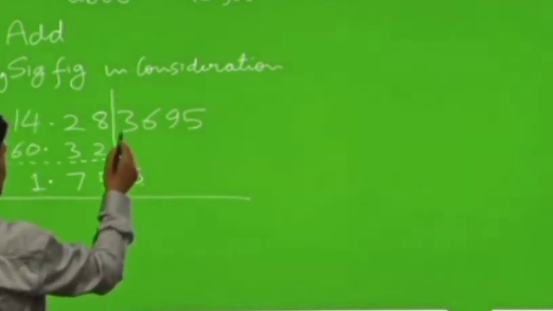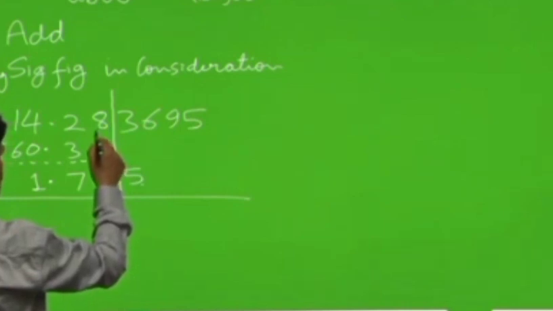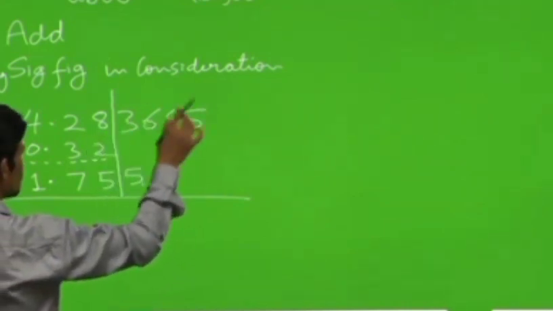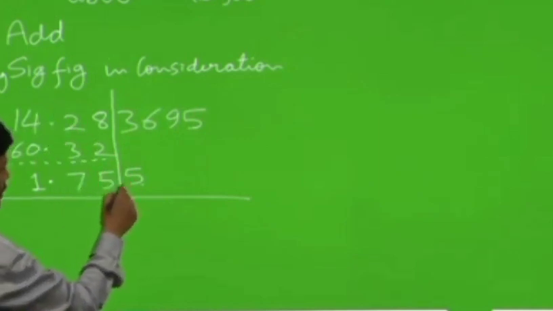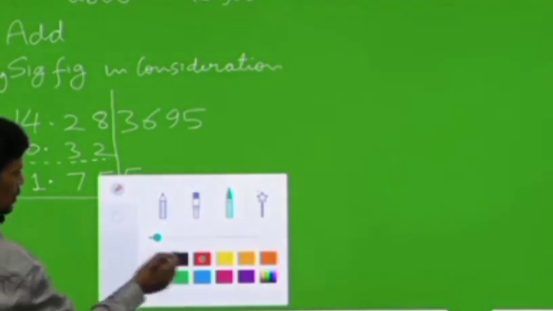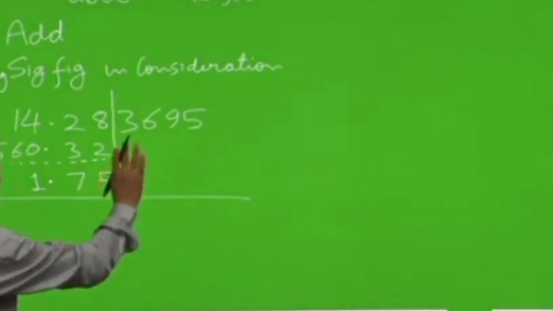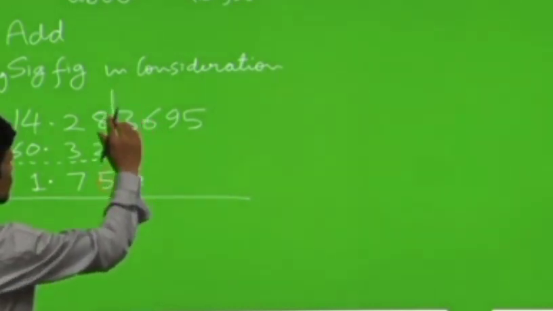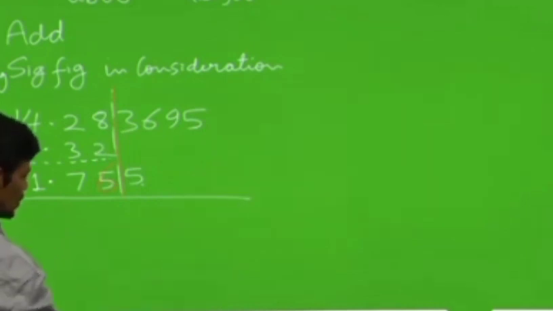So I'm rounding it off. If I round it off, then there will be no effect on this. I'm not writing 0, 0, 0. It is understood. And here, by that rule, this value is odd, so we are going to increase it by 1. Now it is 6, and it is 0. So this is done. I have already drawn this line, so it means now I have nothing to do with these numbers.